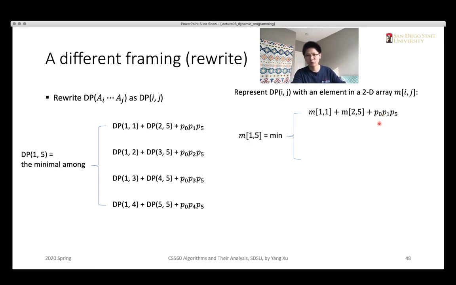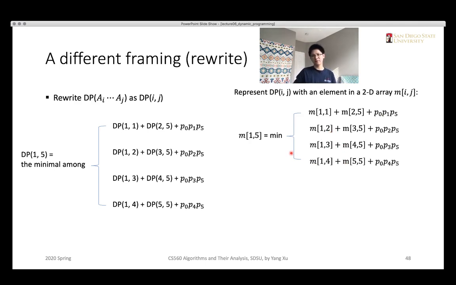And then we just replace everything with m. So that gives us the advantage of a very quick way to save the solutions into a data structure, right? Because we're using dynamic programming, after we solve some subproblems, we want to save that solution into the corresponding position in the data structure.